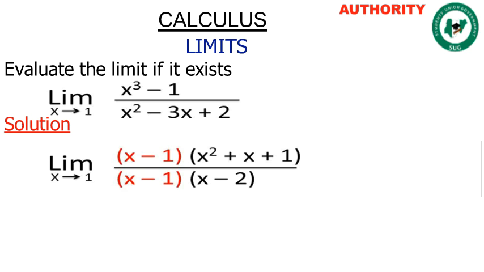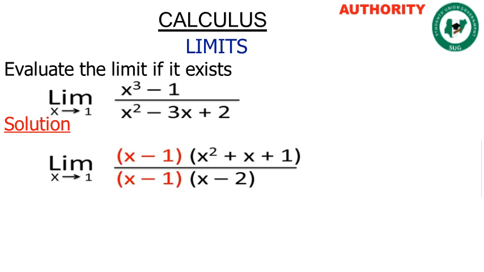Please try and perform the operation. That is, x minus 1 multiplied by x squared plus x plus 1. Let's see what we're going to get. So after your operation, we're going to arrive at x cubed minus 1. Now all over x squared minus 3x plus 2. This is a quadratic.